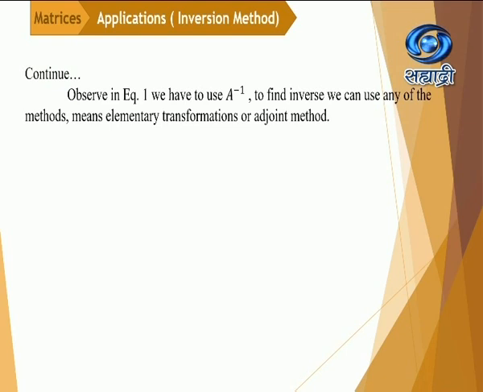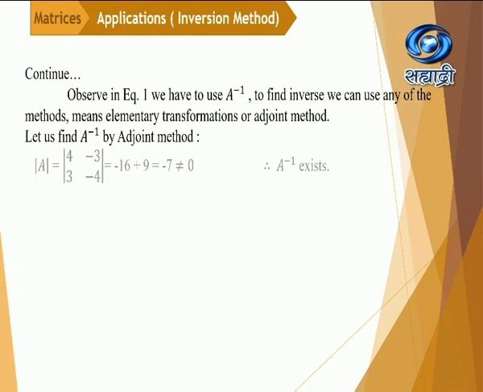To get A inverse, you can apply any method, that is, elementary transformations or the adjoint method. In this example, I have used the adjoint method to get A inverse. And now you know how to find A inverse by using the adjoint method.